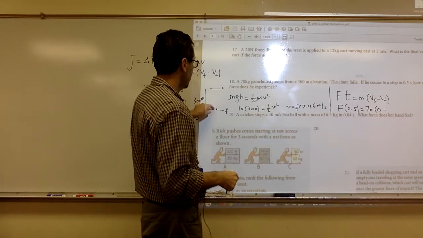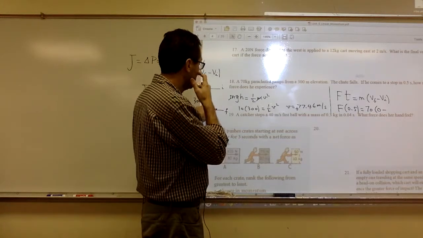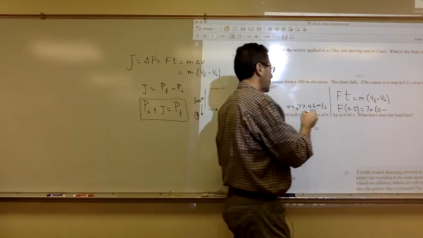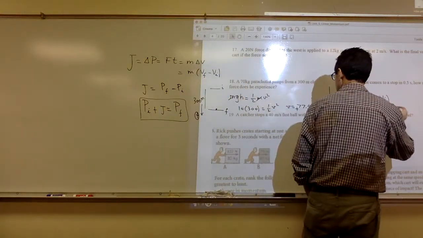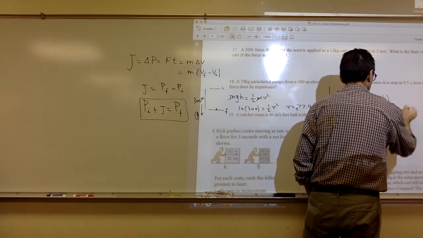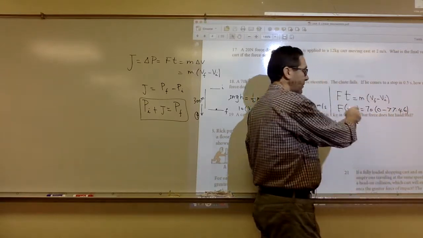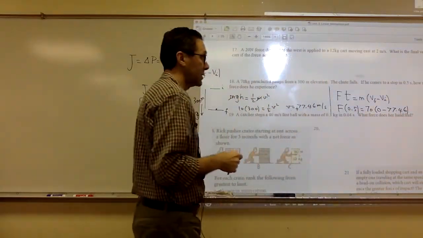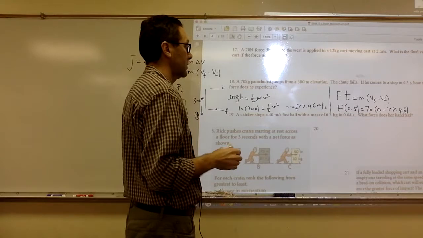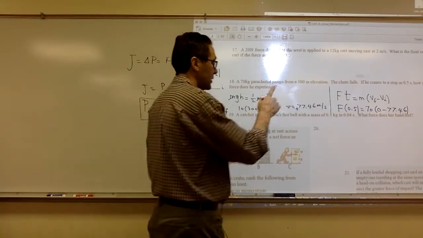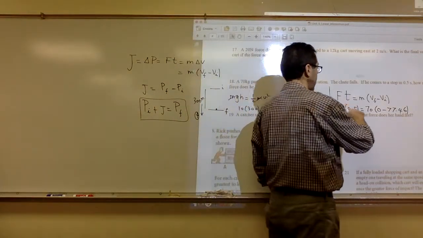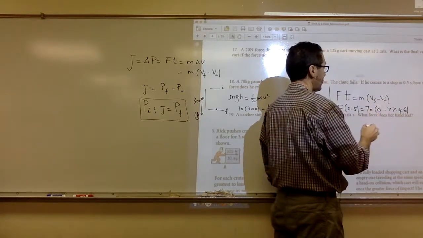So when they're here, that becomes the initial velocity for the collision. So minus 77.46. If you don't do it like that, you're going to end up with 77.46. I will consider that wrong, because it's 0 minus, because your final velocity is 0, not 77.46.